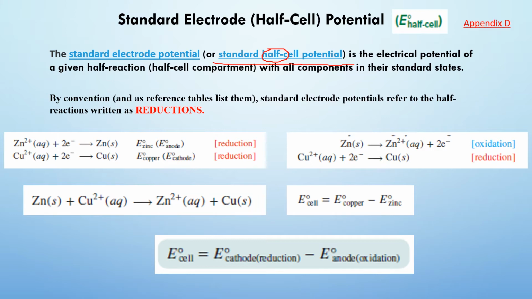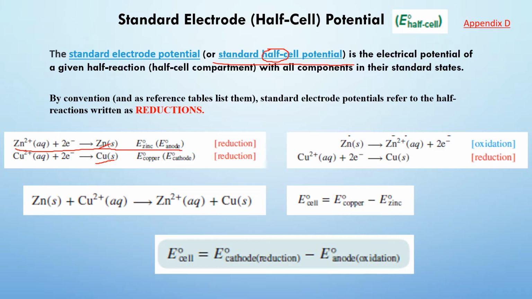Based on what we're looking for, or based on the overall reaction, we can determine which reaction actually needs to be reversed, which one is oxidation relative to the other one. For example, when we combine zinc and copper as the two electrodes in this electrochemical cell, we know that zinc is the anode, so oxidation should happen, but the value we found is for the reduction of zinc.